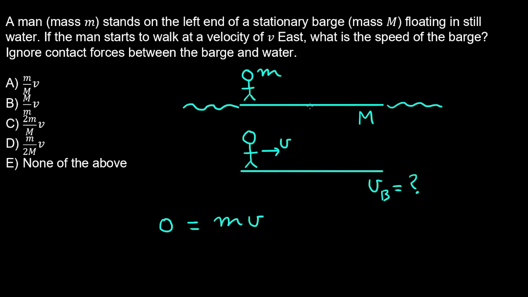And because there's no external forces acting on this system in the horizontal direction, if the man walks to the right at some velocity, then the barge must move to the left at some velocity, such that the momentum of the system is conserved. So therefore the speed of the barge is m on M by v. So the correct answer is A.